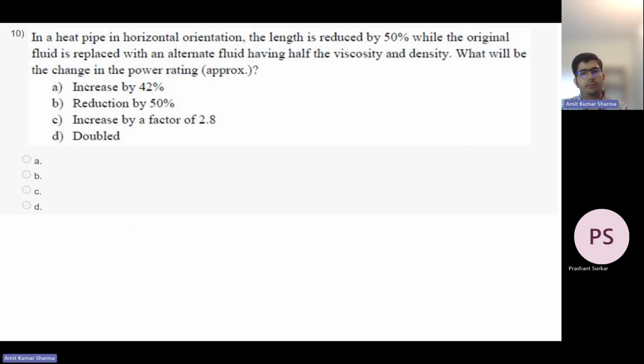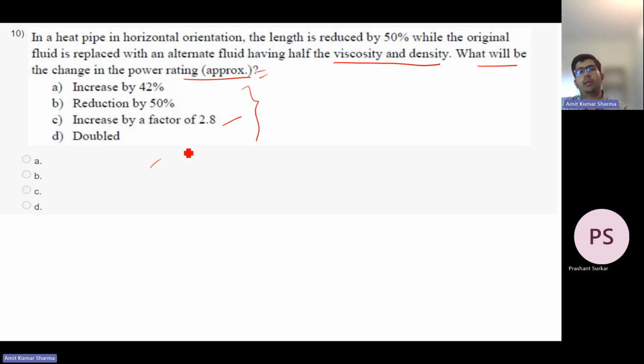Question number 10. In a heat pipe in horizontal orientation, the length is reduced by 50% while the original fluid is replaced with an alternate fluid having half the viscosity and density. What will be the change in the power rating? Approximate. Increase by 42%, reduction by 50%, increase by a factor of 2.8, and double.